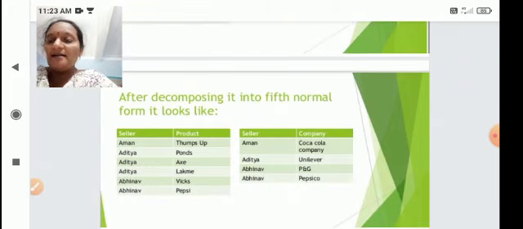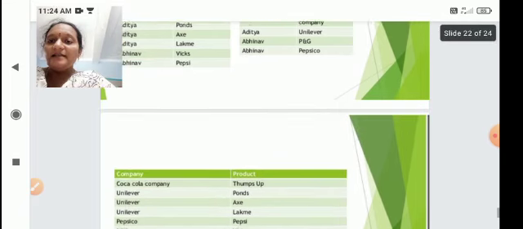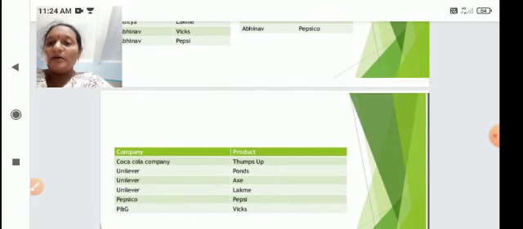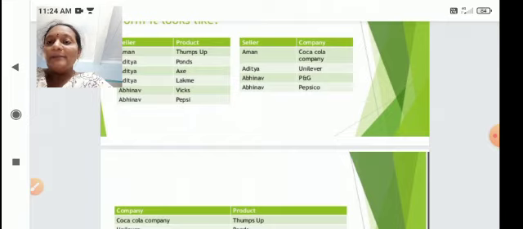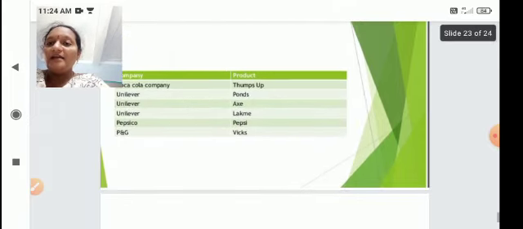These two tables must be in fourth normal form, with no multi-valued dependencies. Single-valued dependency exists, but multi-valued dependency does not. So seller, product is one table, seller, company is another table, and company, product is another table. We have three tables.